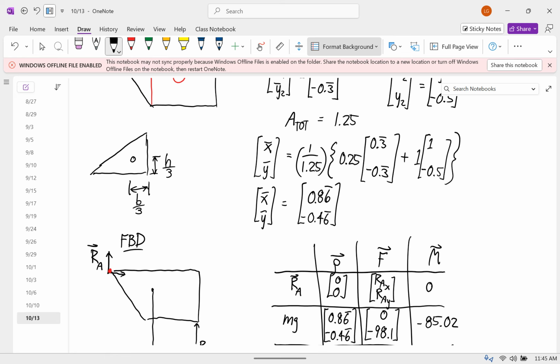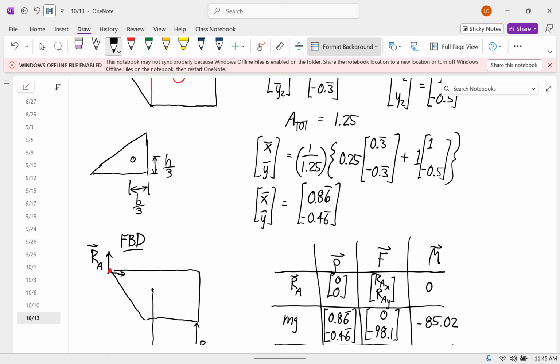So this distance is b over 3, but if you're going from the point, then it's 2b over 3. And this is h over 3, but if you're going from the point, it's 2h/3, because they have to add up to a full h or b.